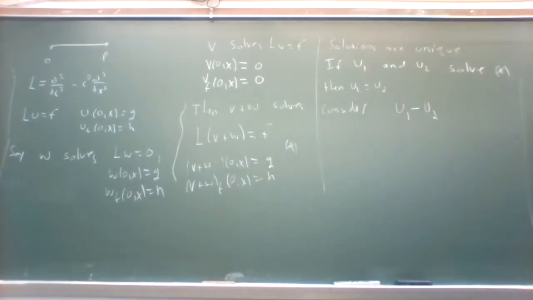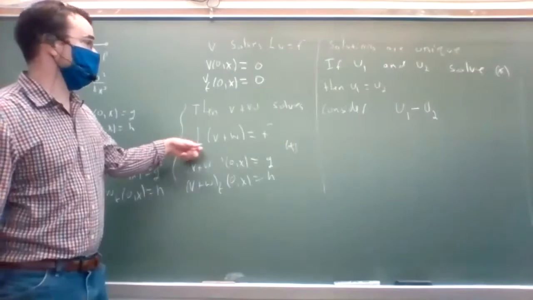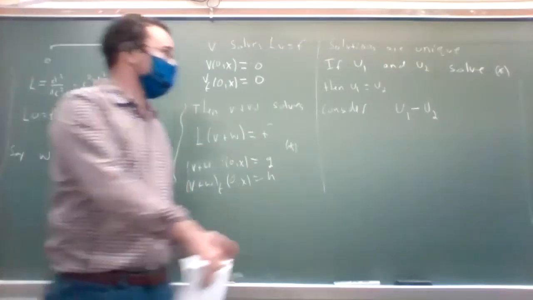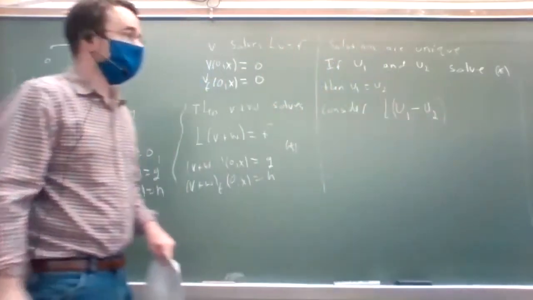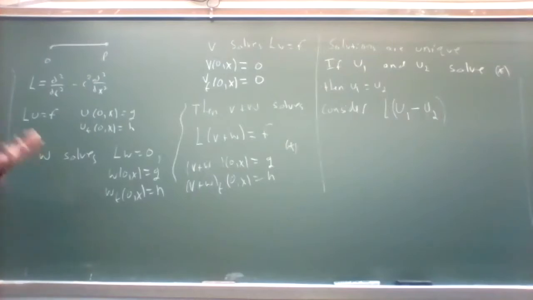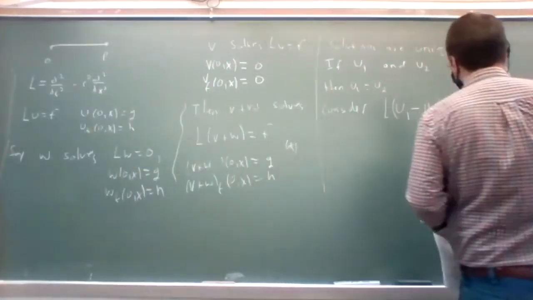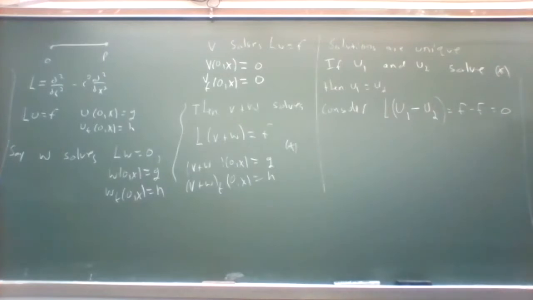The hypothesis of this theorem is, suppose that U1 and U2 already solve this equation, so already satisfy L of U1 equals F, L of U2 equals F, and already satisfy these boundary conditions. If you apply the operator to the difference, then by linearity, this is going to be L of U1 minus L of U2. It'll be F minus F equals 0.